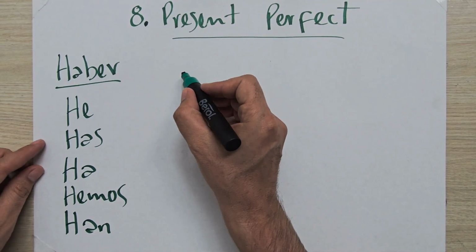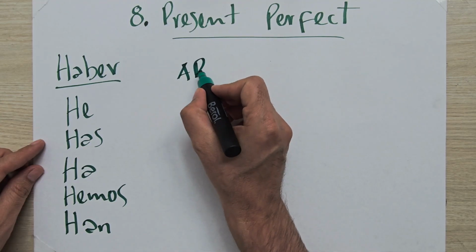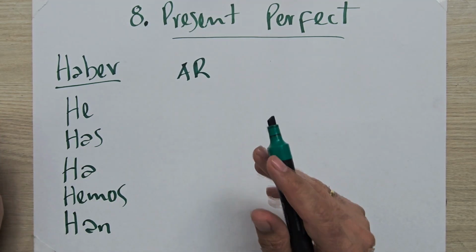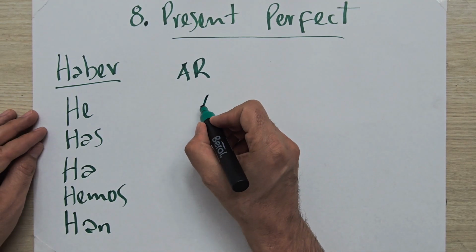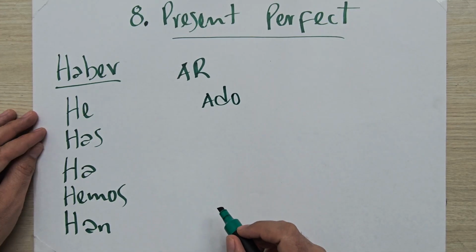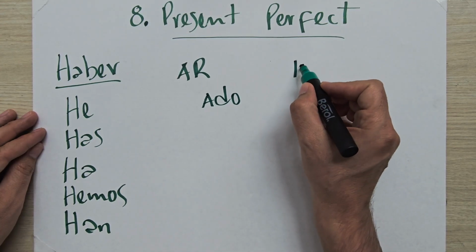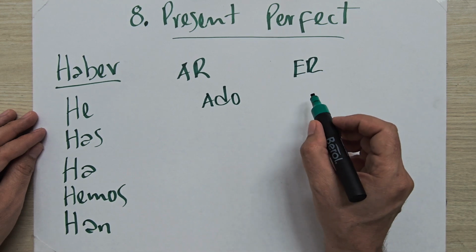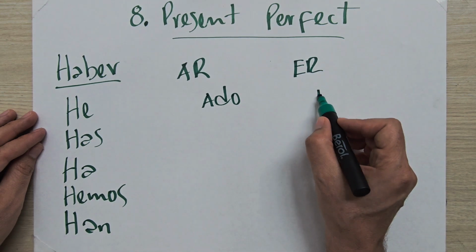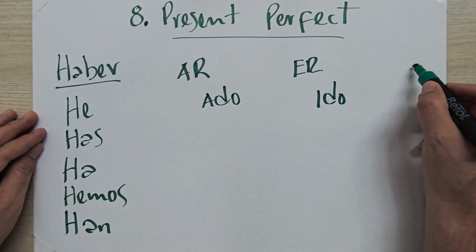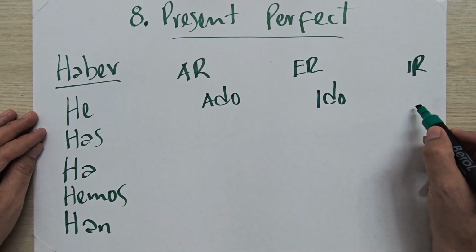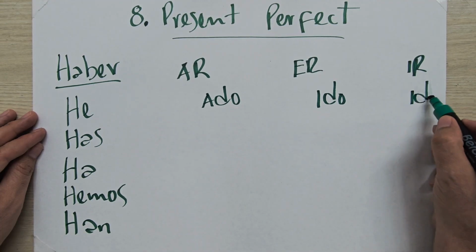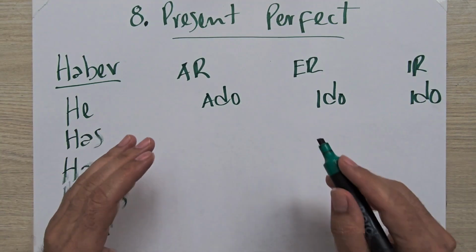Then, the verb is going to be conjugated depending on the infinitive of the verb. If it is an AR verb, the second verb is going to end in ado. If it is an ER verb, the second verb is going to end in ido. And the same for IR verbs. Because this is a compound tense.